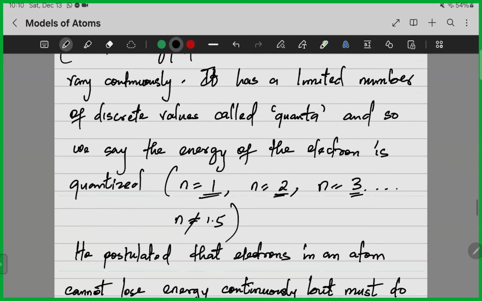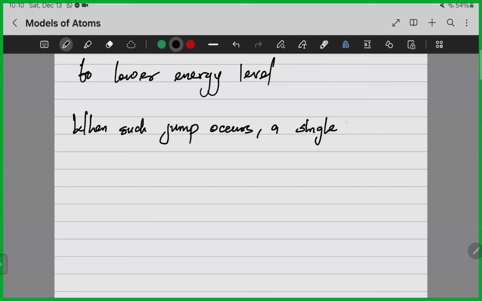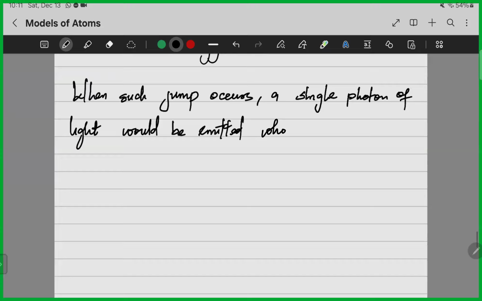So let's put that in perspective now. We say when such a jump occurs, a single photon of light would be emitted whose energy is given by the change in energy equal to hf.